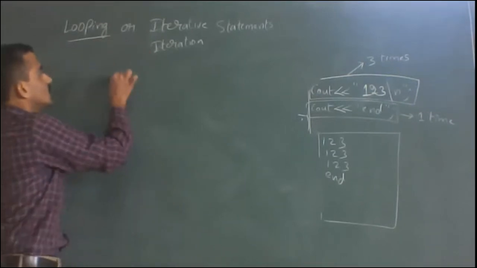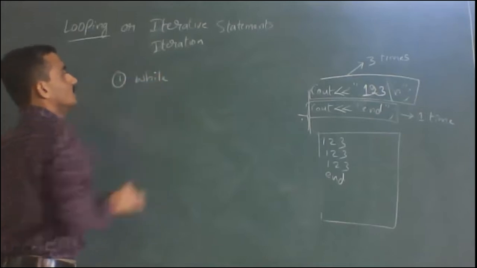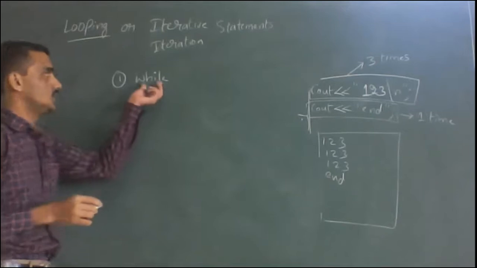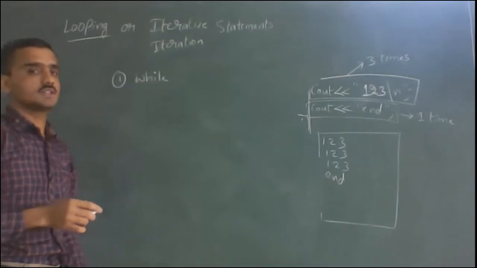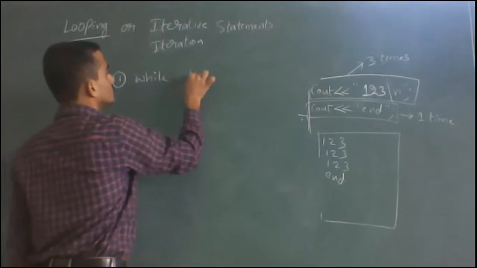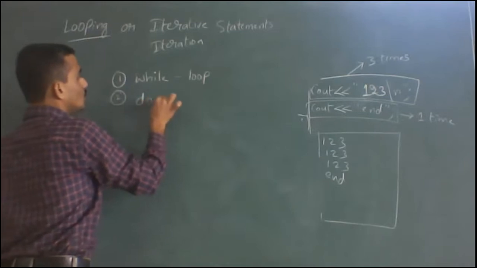So the first statement is while. Like the if statement, while is a keyword. Don't write any letter in capital letters; write all the letters in lowercase. So this is called the while loop. Second, the do while loop.